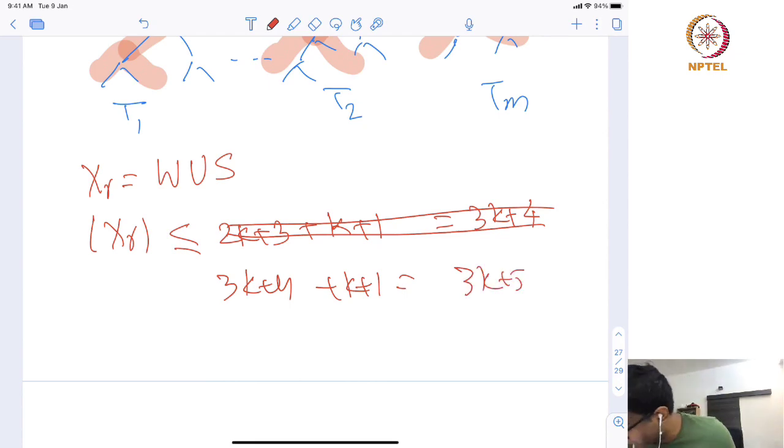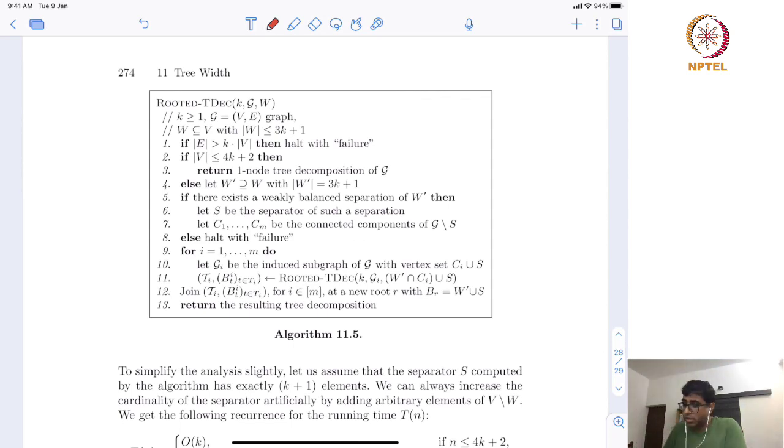I have written down this whole algorithm. It's a picture from a book, but basically this is what the algorithm does. If W is less than or equal to 3k, basically this is exactly what the algorithm does.